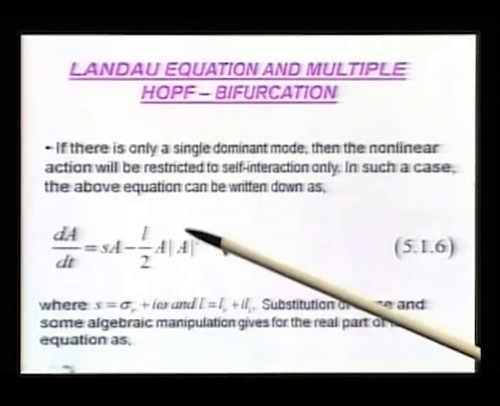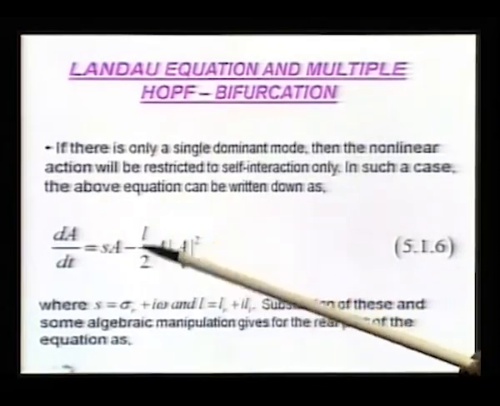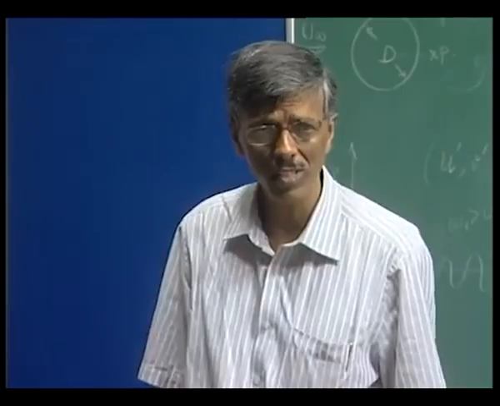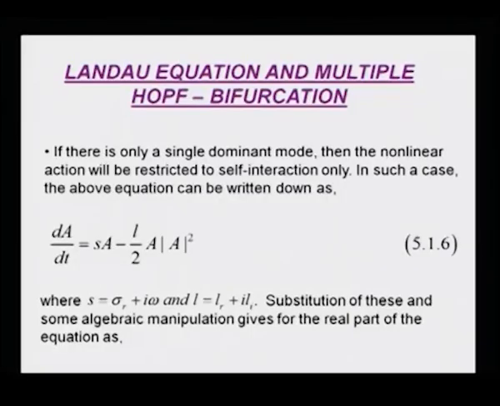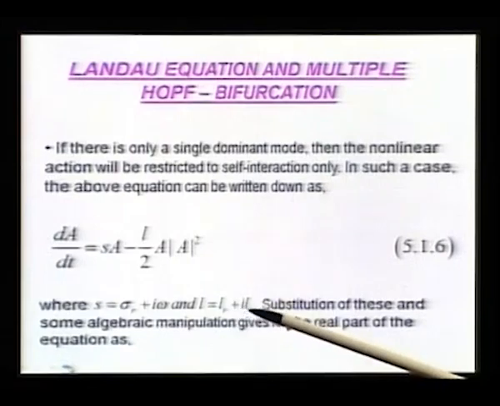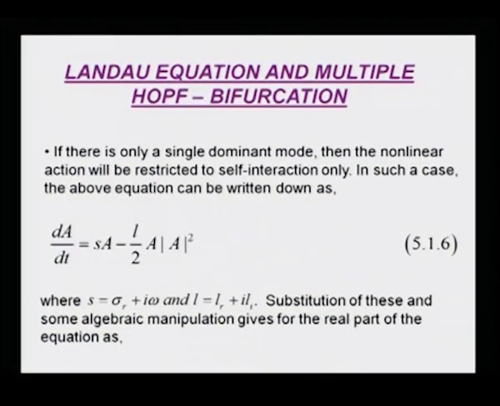And what Landau said is that the nonlinear term is multiplied by a constant. This is a property of the flow that we are considering, so in this case, the flow past a cylinder. This constant itself is complex, so it has a real part and an imaginary part. The two together are what is called the Landau coefficient.